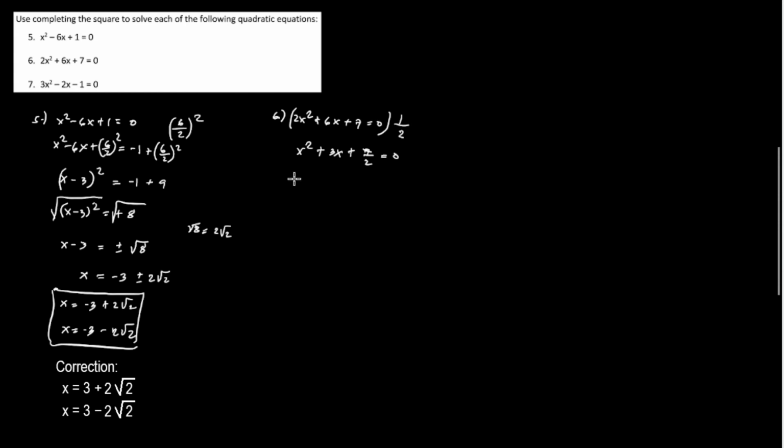Using completing the square, x squared plus 3x, transpose positive 7 over 2, so this is negative 7 over 2. Using b, which is 3, always divide by 2 and square.